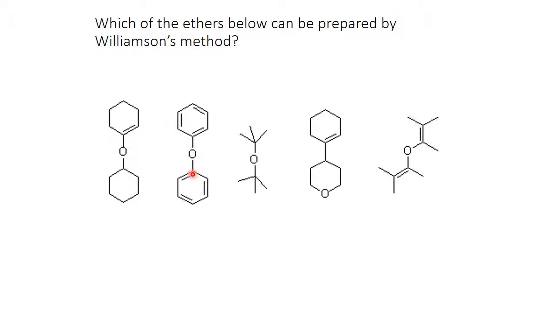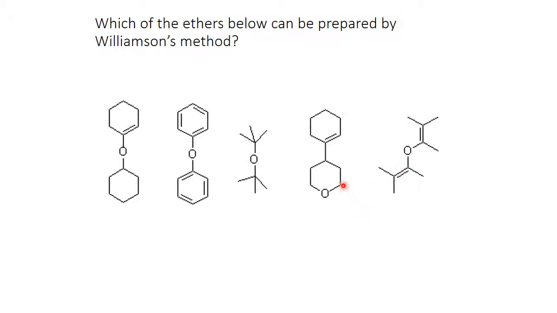Neither of these two carbons can undergo SN2 reactions because they're sp2 carbons. These are tertiary carbons and cannot undergo SN2. And if I look at these two, they are sp2 carbons, and so they cannot undergo SN2 reactions.